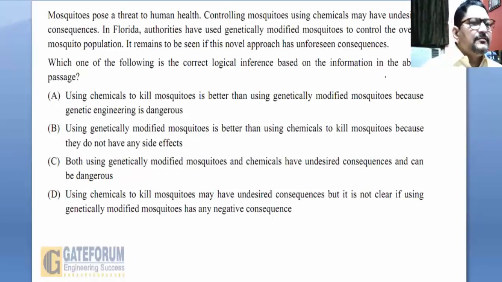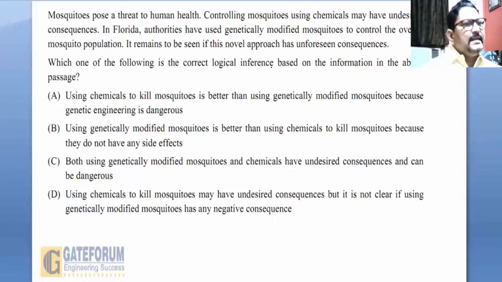Let us observe the options. Using chemicals to kill mosquitoes is better than using genetically modified mosquitoes because genetic engineering is dangerous. Now, in critical reasoning, whatever is said in the passage has to be the source of our information.